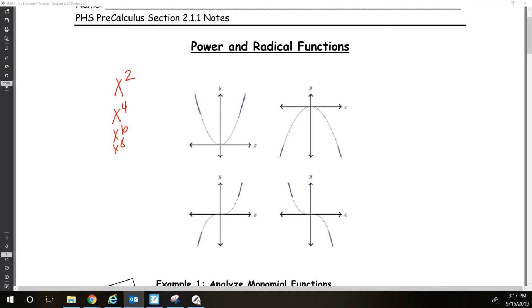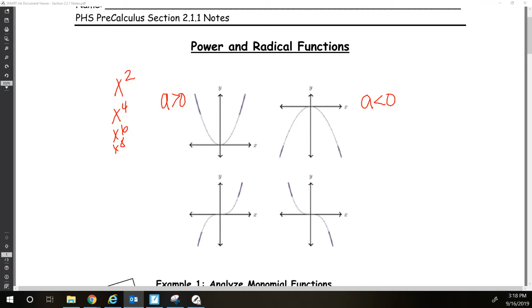They're going to have a general parabola-ish shape. They're going to go through 0, 0. They're going to open up if my leading coefficient is greater than 0. If my leading coefficient is less than 0 or negative, they're going to open downward.